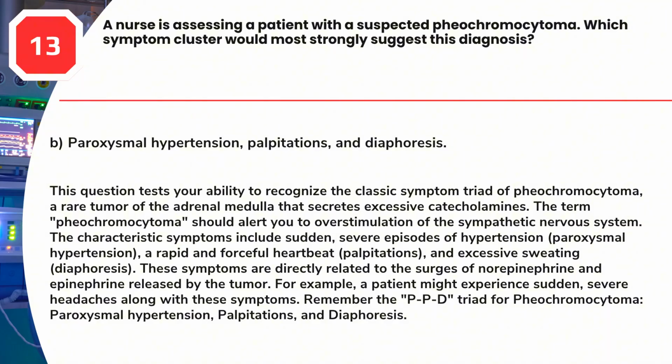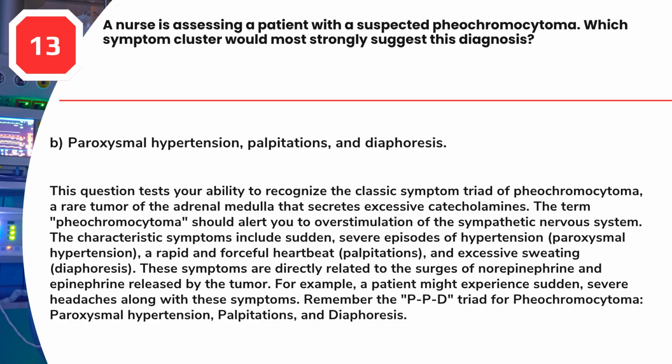This question tests your ability to recognize the classic symptom triad of pheochromocytoma, a rare tumor of the adrenal medulla that secretes excessive catecholamines. The term pheochromocytoma should alert you to overstimulation of the sympathetic nervous system. The characteristic symptoms include sudden, severe episodes of hypertension, paroxysmal hypertension, a rapid and forceful heartbeat, palpitations, and excessive sweating, diaphoresis.